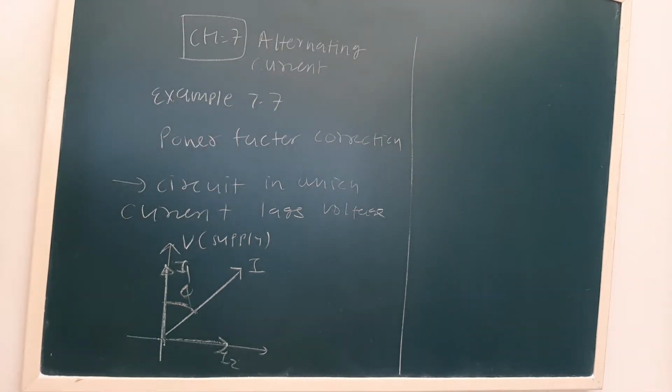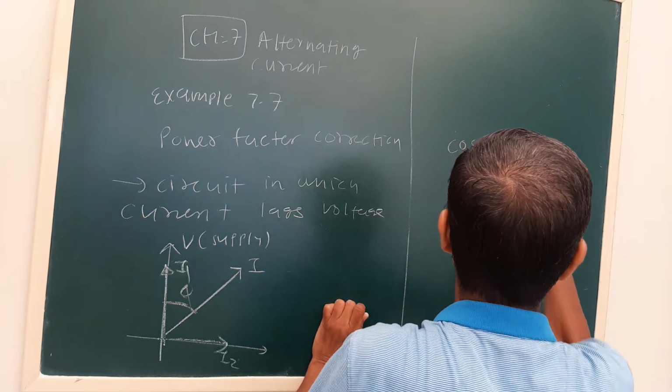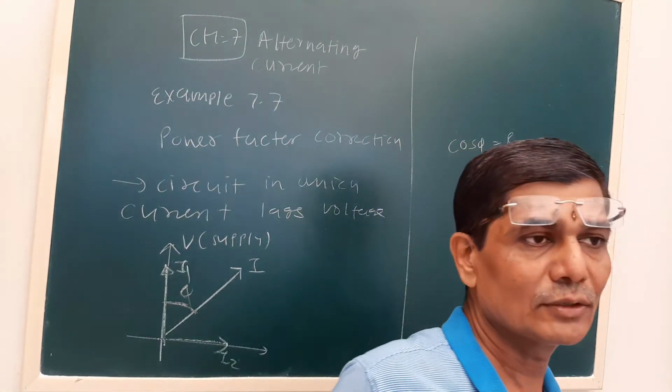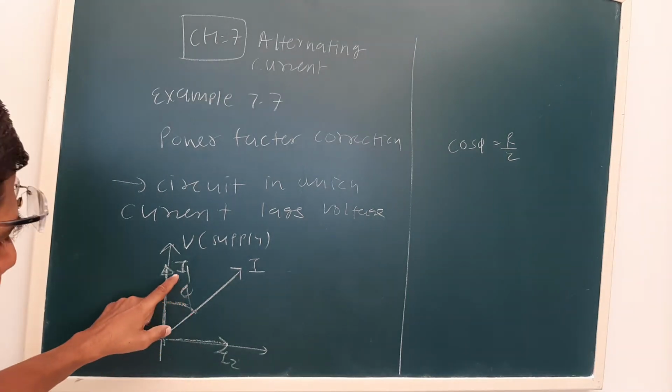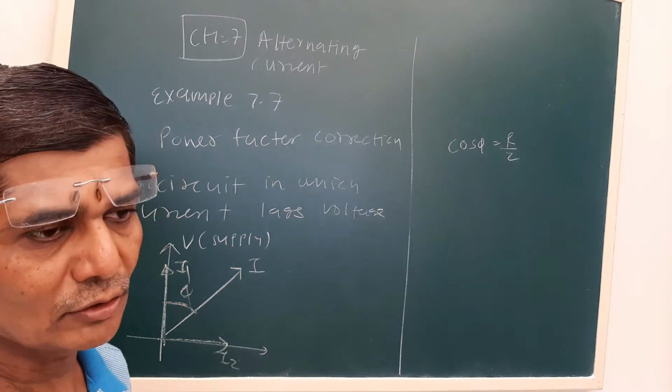Now to improve the power factor, cos phi is R by Z. Cos phi will become maximum when Z is equal to R. I1 is in the direction of supply voltage, I2 is perpendicular to this.